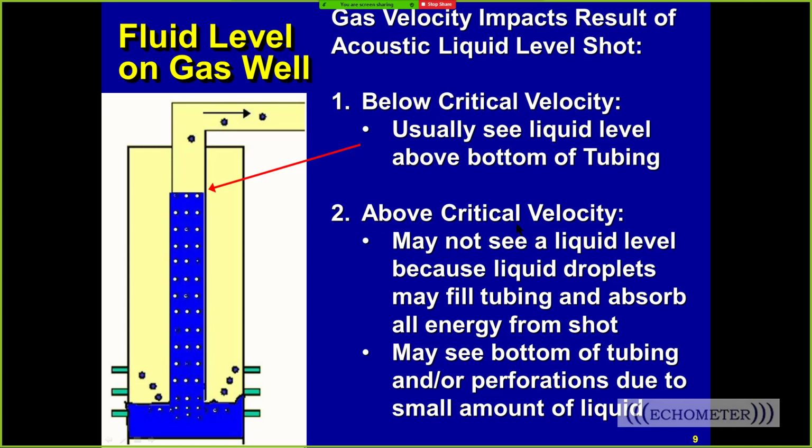Now, if you're above critical rate, again, you would probably see the end of the tubing if there's no packer. So if you shoot down the casing, you'll probably see the end of the tubing, and then the tubing will be filled with a mist all the way to the surface, and on your first shot, you won't see anything except maybe a high fluid level.